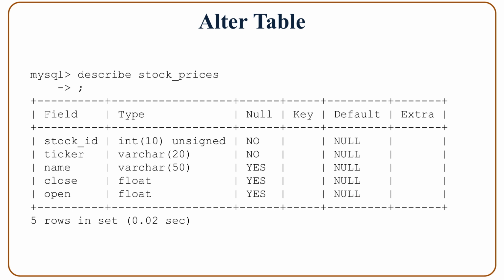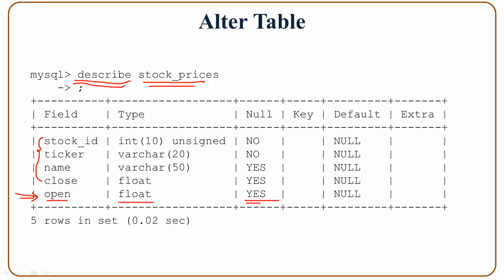You see there are stock ID, ticker, name, close, and right here you see the newly added column, open, float, null, yes, right? So now null is allowable. And remember this, describe a table would give you the structure of the table.